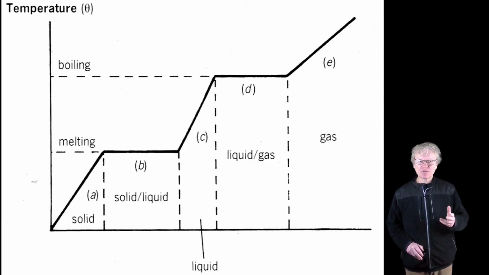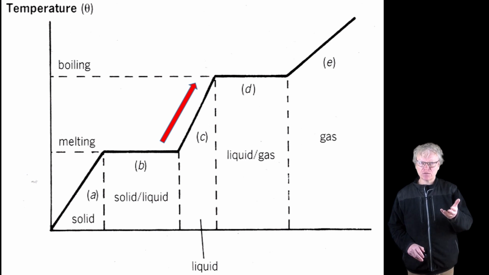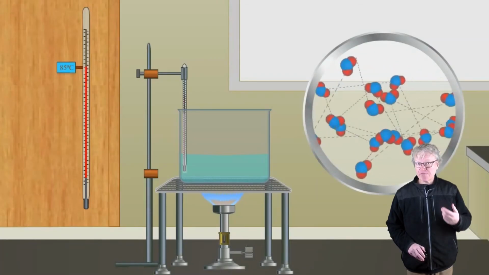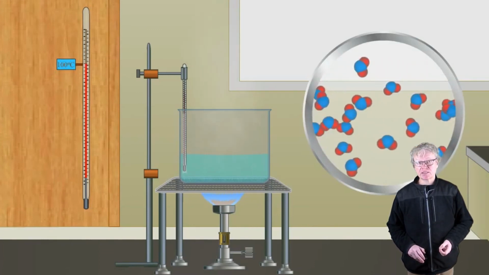Let's have a look at a graph and see if that helps. So here we have liquid water at, let's say, 15 degrees Celsius. You put it on the stove, you light the stove, you're transferring heat from the gas into the water, you're raising its temperature, and that's the sensible heat that you can feel, this part of the graph. Then it gets to 100 degrees Celsius, and what happens? It starts to boil. If you had a thermometer in that water, even though you're adding more heat to the water, it's not changing its temperature.